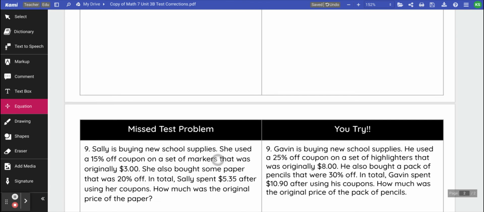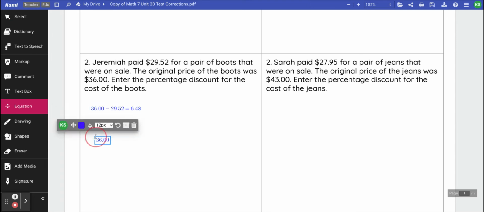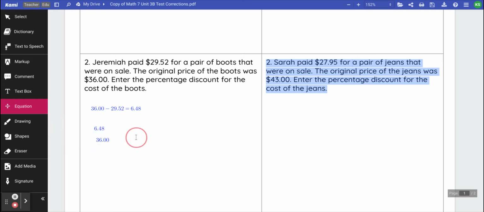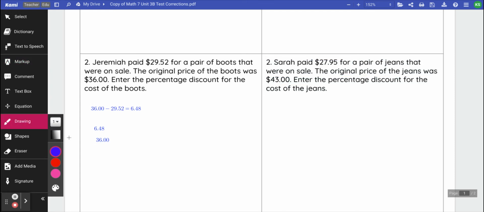Let's go back up to the problem we were just on. So if I put that $6.48 over the $36, then I can do that ratio. So let me draw a line underneath it, so I made a ratio.